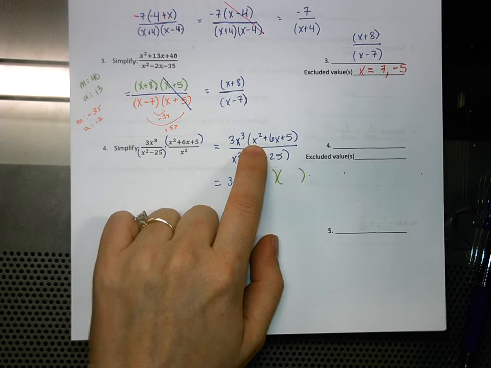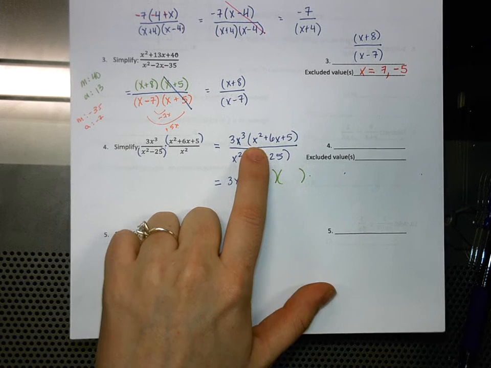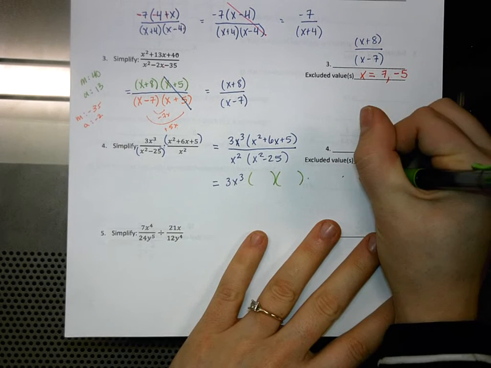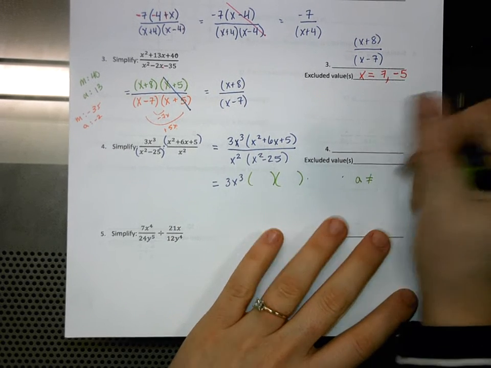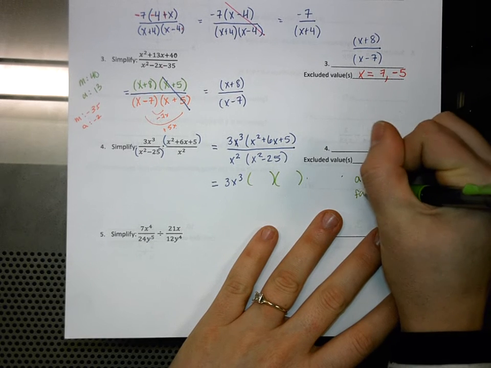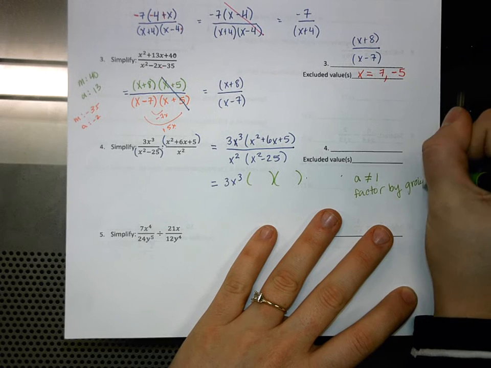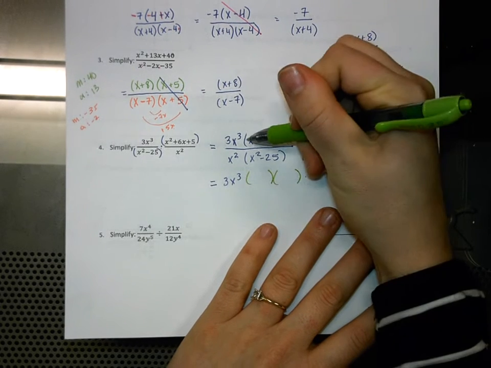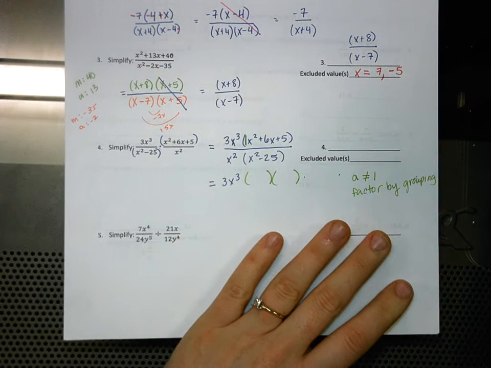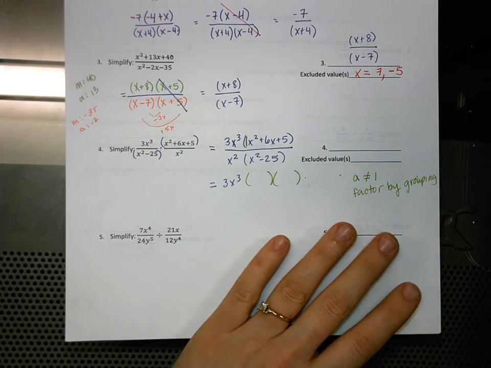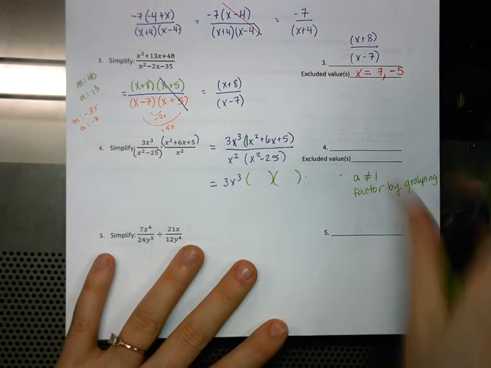How do you need to factor if you don't have an a value of 1? Good. Factor by grouping. But this one does have an a value of 1, meaning in front of the x squared, that's a 1. So we don't need to factor by grouping, we can just factor by guess and check.